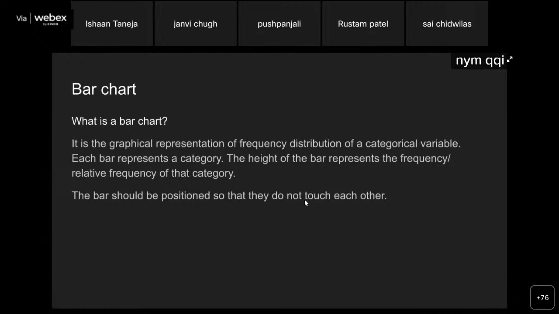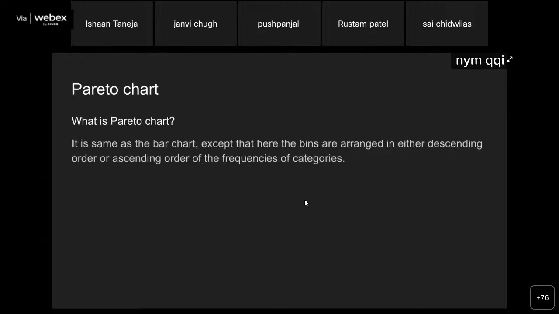So a bar chart is basically where you represent each category as a bar, where the height of the bar represents in general the frequency or the count of the category. So whenever you are interested in showing the count of some category, you should go with the bar chart. Okay? A Pareto chart is where we arrange the bar chart either in ascending order or in descending order.